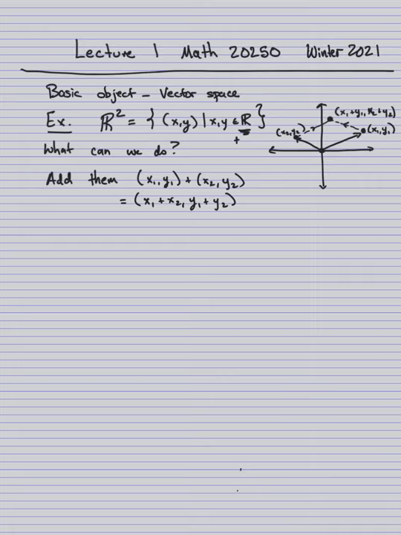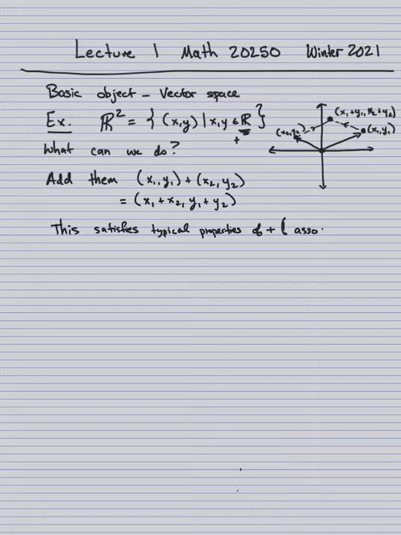So this satisfies basically every property that you would think. Okay, so it satisfies the typical properties of plus. Maybe I'm not going to write down in detail what they are. You can see them on the first page of the textbook.